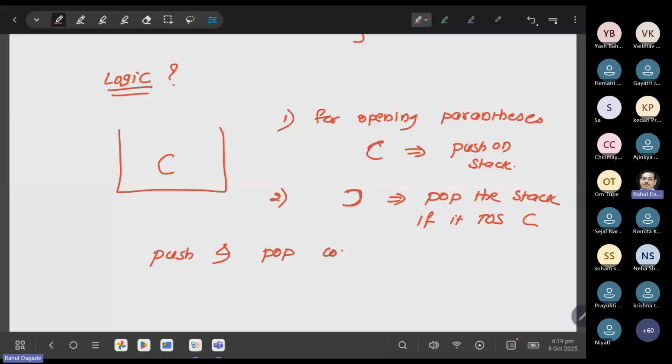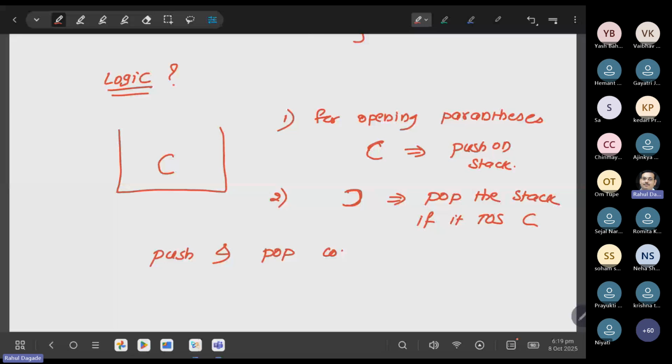So now let us do it with one state. Let us have a state Q0, which is the starting state. Now when you have an opening parenthesis and Z0 on the stack, then push that opening parenthesis on the stack.